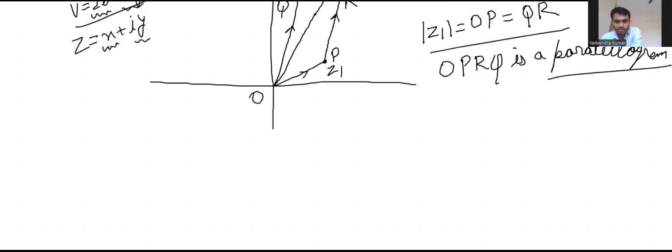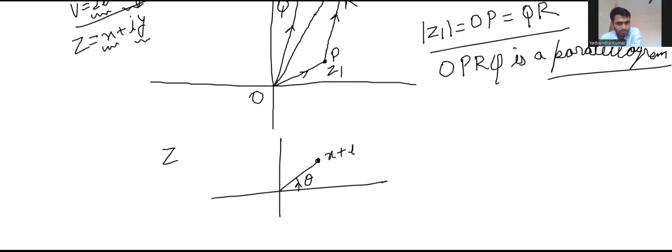Now rotation of complex number is coming. So if you are given a complex number Z, and this Z is looking like this, that it is making angle theta, and this Z is x plus iota y, the given general form, right?